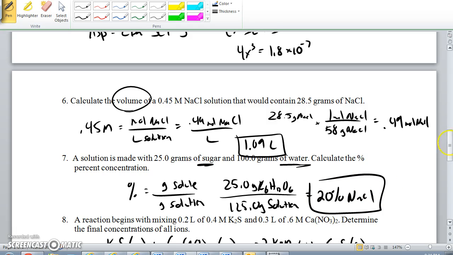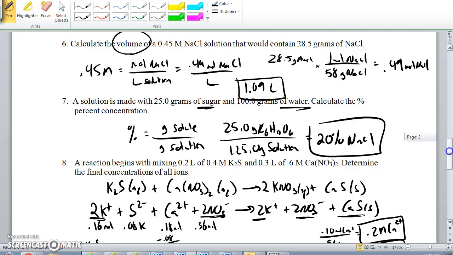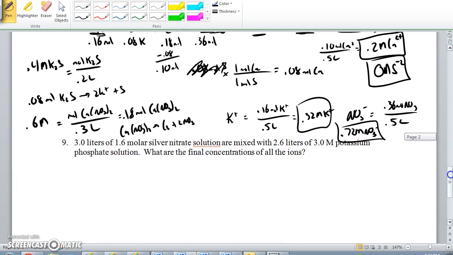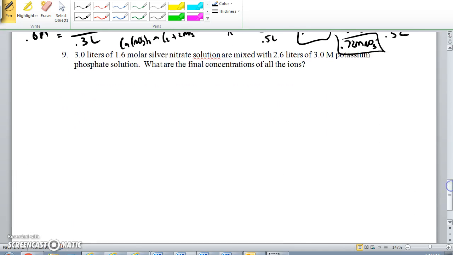Okay. Moving right along. We did this earlier, and now we have another one. Let's do it. All right, step 1. Write out what we know.